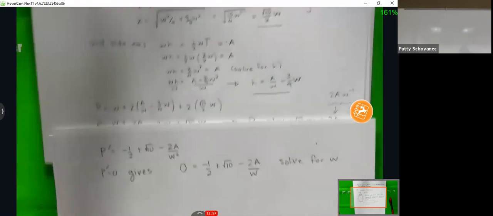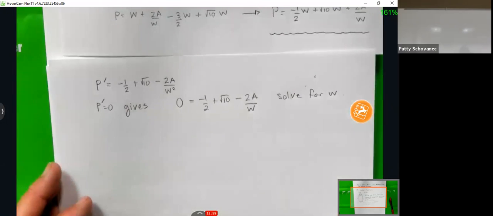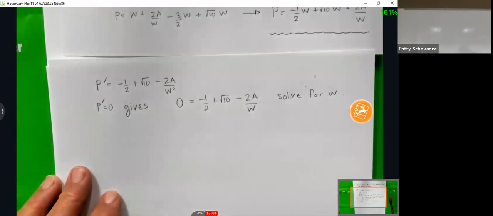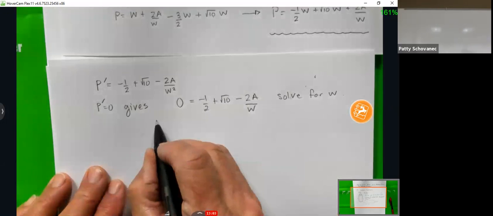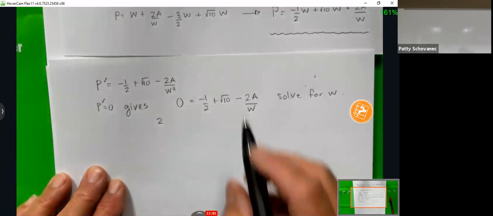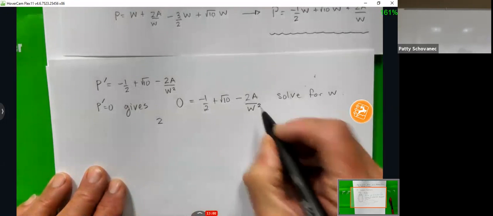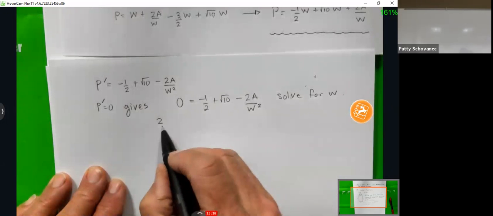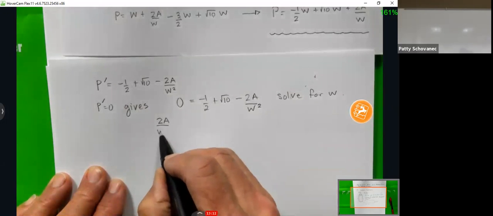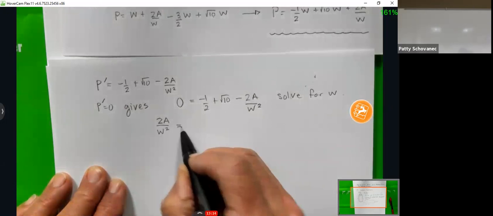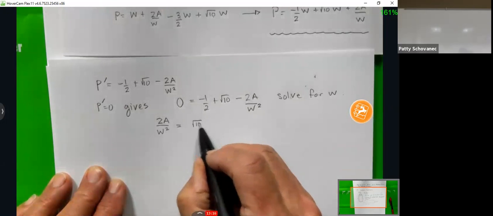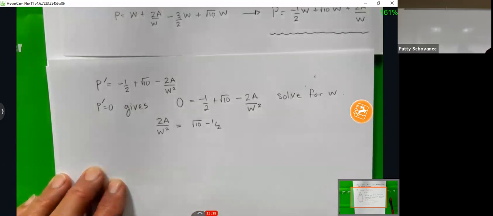Okay, so let's move the numbers to the other side. Well, heck, let's move the 2A over W squared to the other side. Let me write that as the square root of 10 minus 1/2.